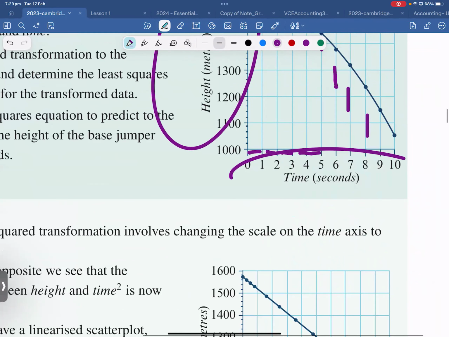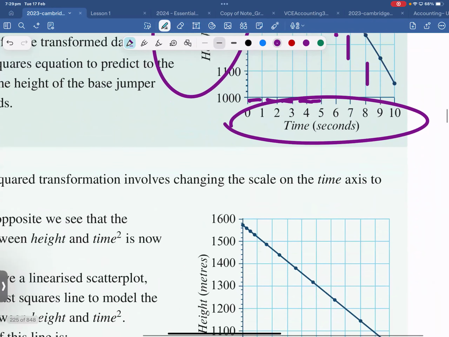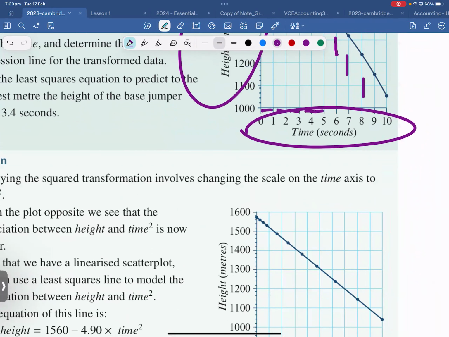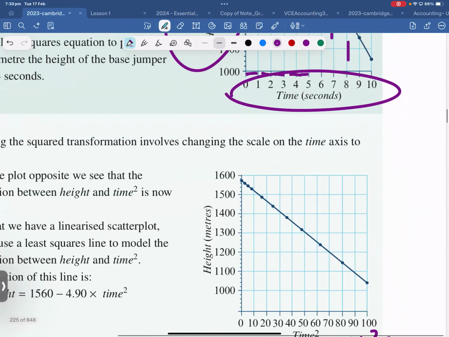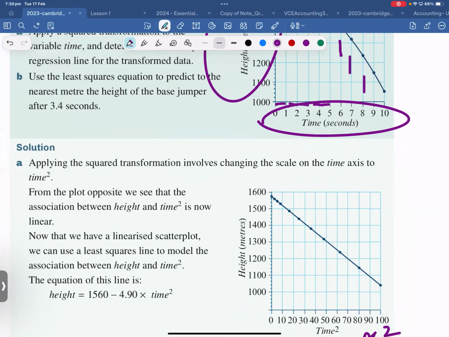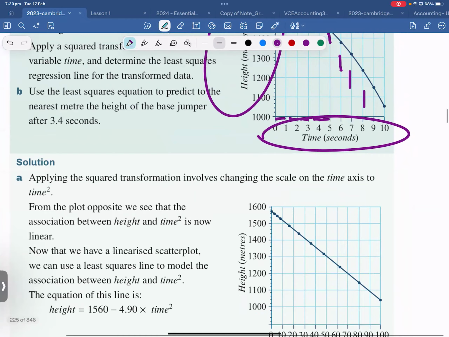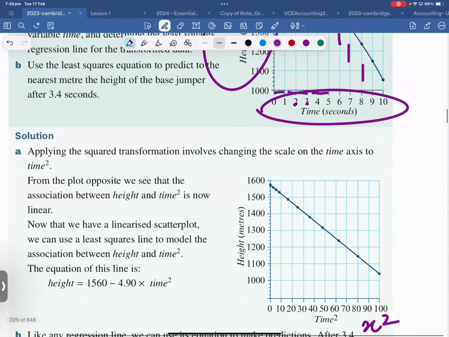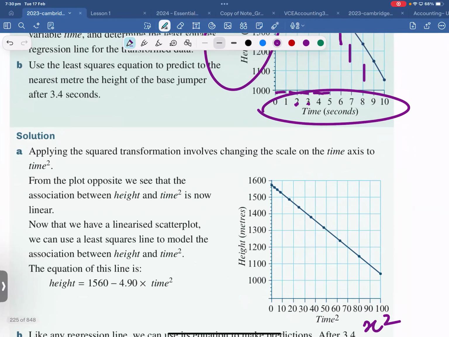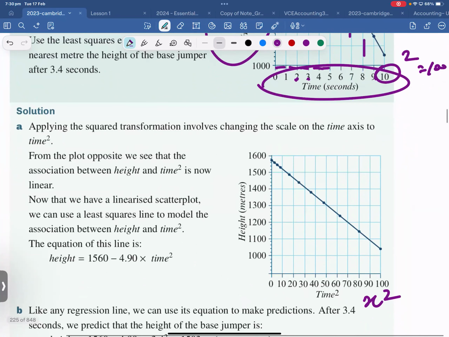These values would be squared, and then we are going to plot. 1 will be anyway 1. 2 squared will be 4, 3 squared 9, 4 squared 16, like that we are going to do. And 10 squared is 100, which is here.